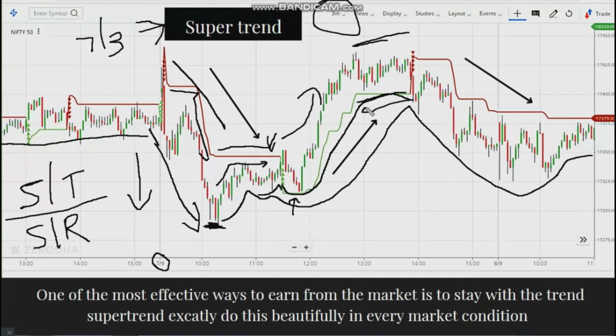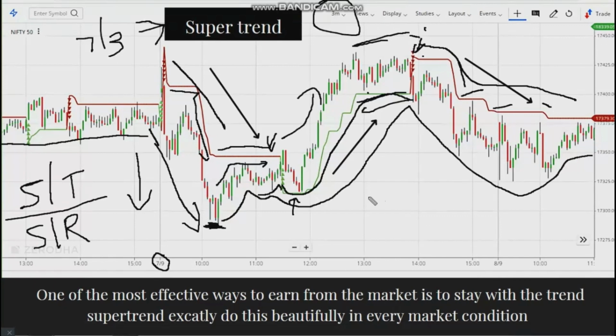From here the market turned from green to red, and the red arrow signifies the market going down, the green arrow signifies the market going up. So it started going down again: flat, vertical, flat, vertical.